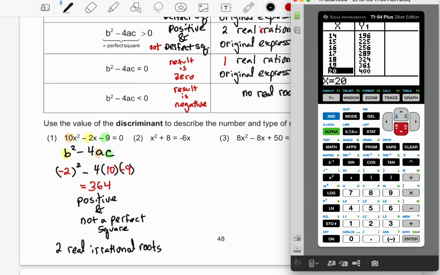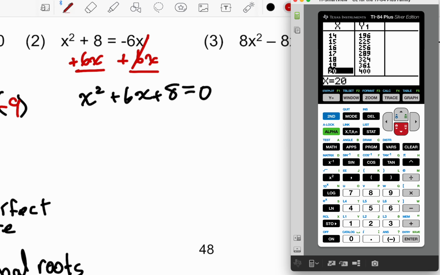But number 2, you see that this one's out of whack here. So I'm going to add 6x to both sides to get it into the appropriate general form for a quadratic. Identify the a, b, and c values. So understood 1 in front of the x squared. A, b, and c.